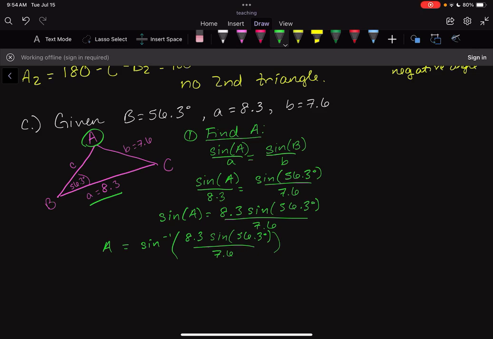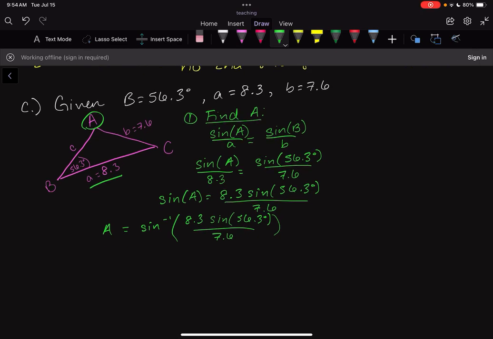And if you want more steps of the solving, I would definitely look at the earlier examples that we did. I tried to be a little bit more thorough. So let's see what I get for A here.